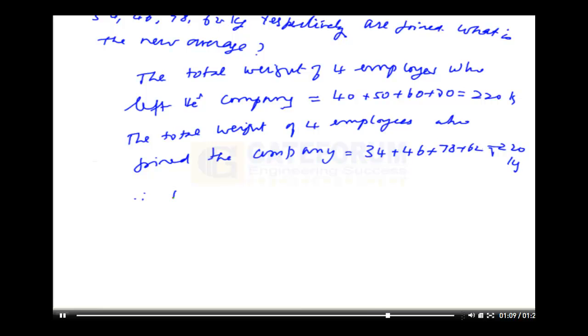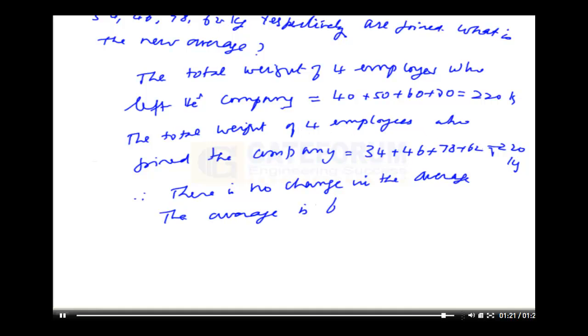Therefore, there is no change in the average, and the average is 60 kg.